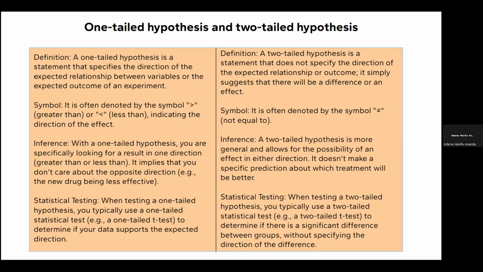A two-tailed hypothesis typically uses a two-tailed statistical test, for example a two-tailed t-test to determine if there's a significant difference between groups without specifying the direction of the difference.